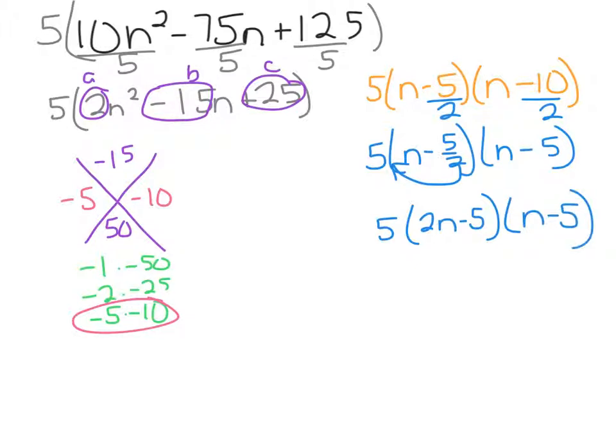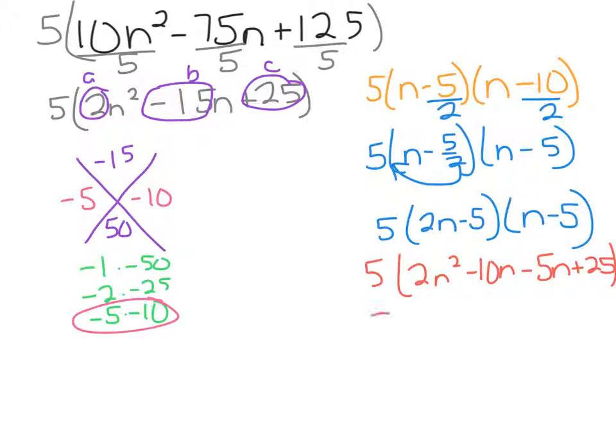Okay, and now let's check our answer. We'll FOIL first and then distribute the 5. So first, you get 2n squared, outer, minus 10n, inner, minus 5n, and last, plus 25.